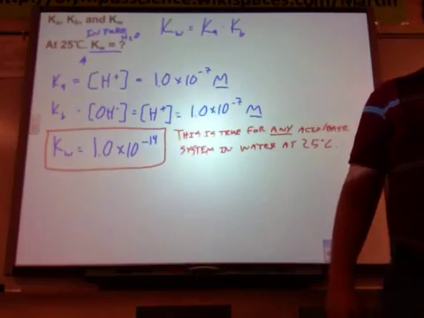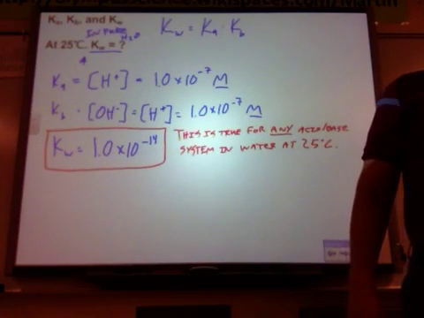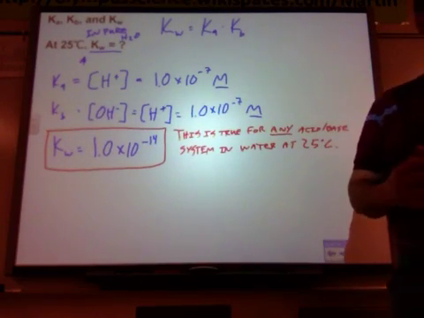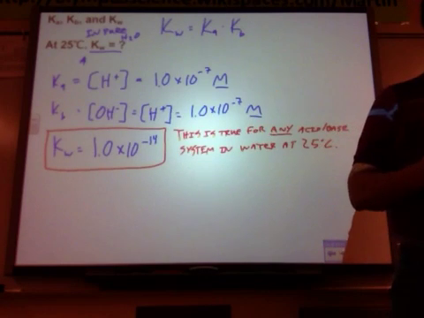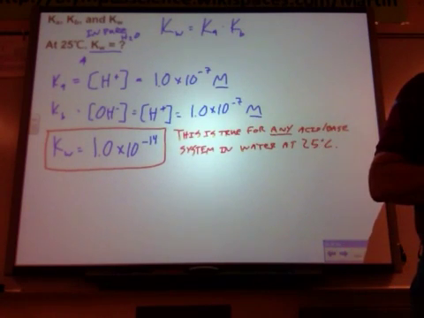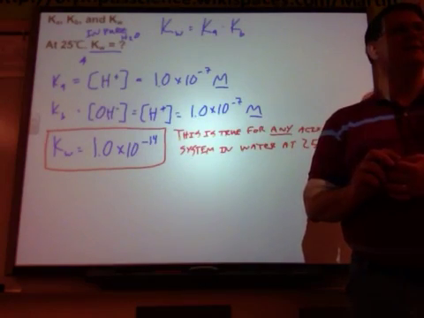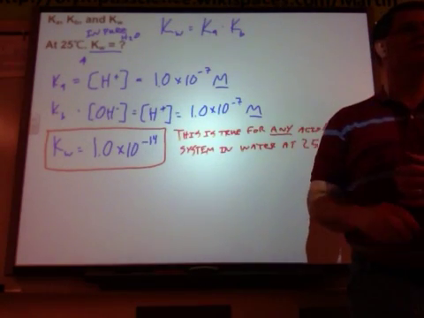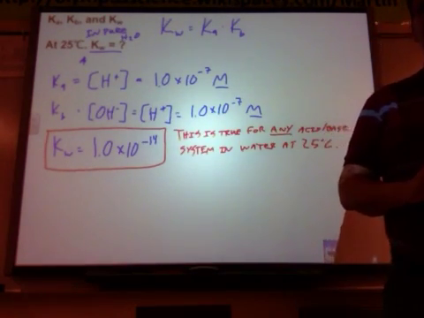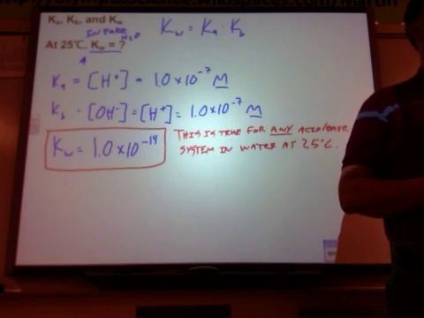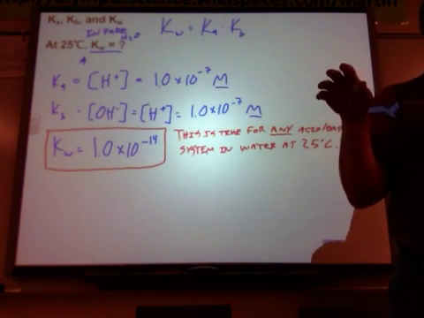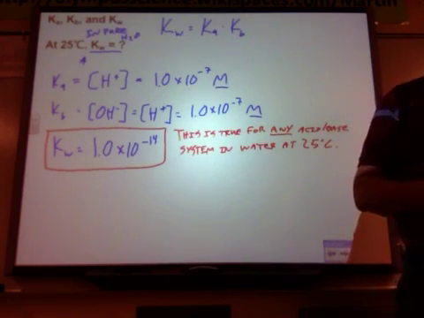So if you have a system where you have, say, 1 molar hydrochloric acid, which is a strong acid, is there any base there? There's a very, very small amount. Because even if you've got 1 molar hydrochloric acid, the water is still dissociating to some degree.